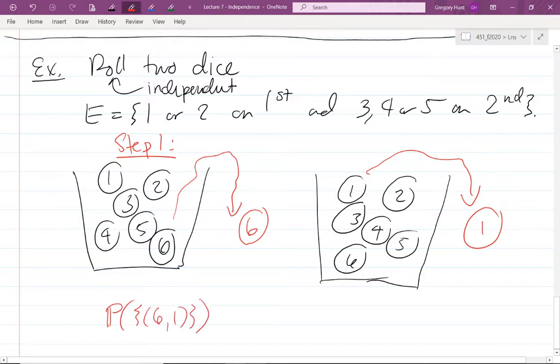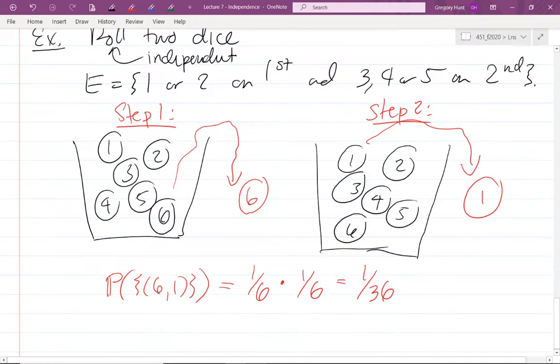There's a sample of 6 on step 1, and on step 2, I sample a 1. Well, if these things are independent, I have a 1/6 chance of sampling a 6 the first time, and I can multiply because things are independent, and I have a 1/6 chance of getting a 1. The probability that I get 6 then 1 is 1/36, right?